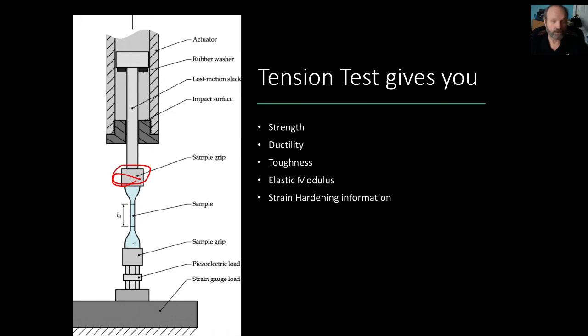That's this light blue dog bone looking sample piece. So you take your material, you form it into this shape, and there's certain specifications to follow to get certain shapes. And then you clamp it on both ends, and the tester will pull on that sample piece.